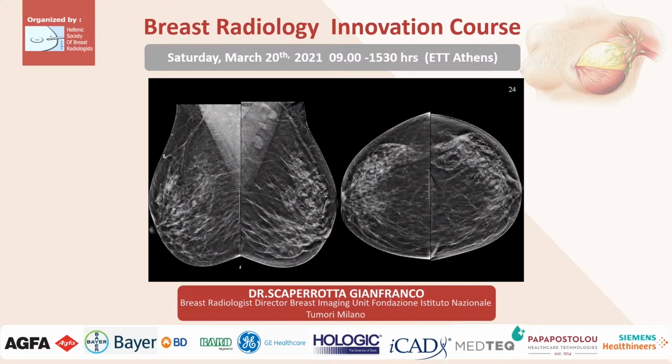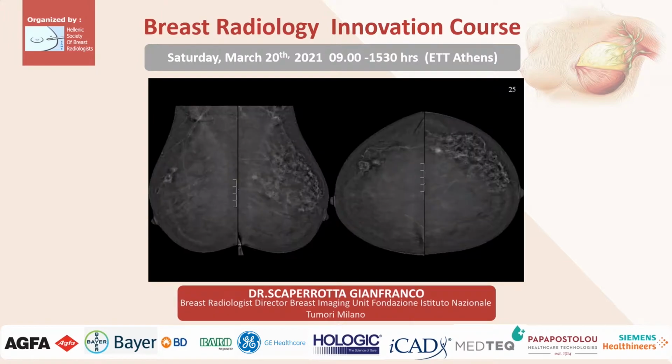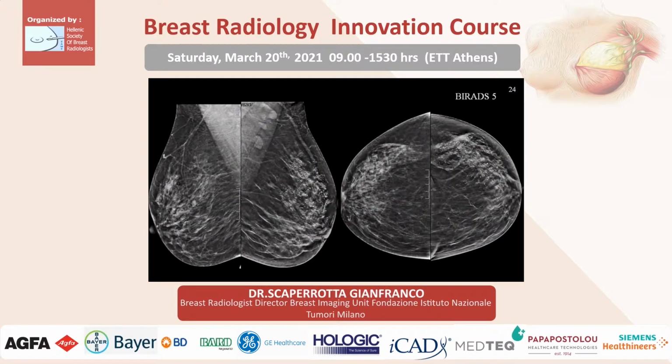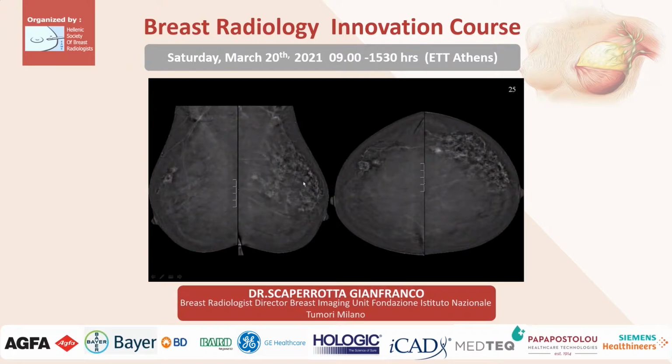Some case, for example, in this case, we see the particular problem in the breast, extension disease with calcification. We use the contrast, the CEM before the biopsy, and so this is the situation.